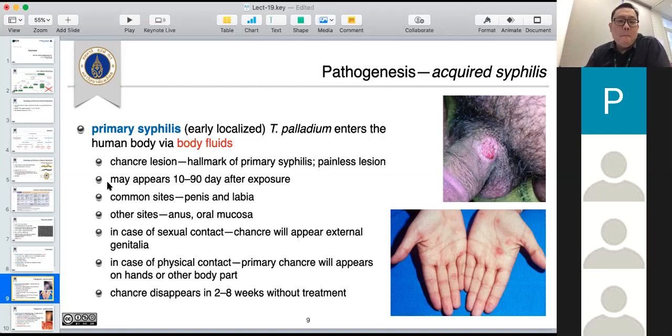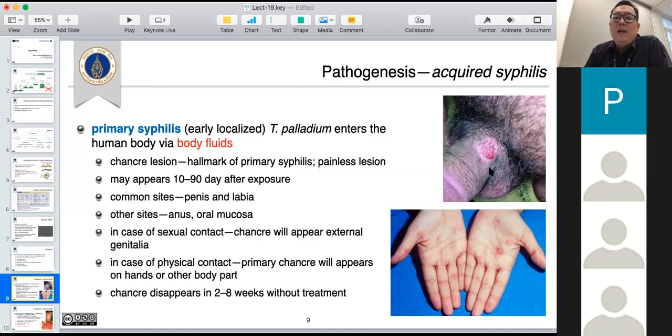In the case of sexual contact, the chancre will appear on the external genitalia, not internal. It is very easy to observe; the doctor will see it quite easily. In physical contact, you probably find a patient infected on the hand palm. And on other parts of the body, it depends on which part touched the infected site, so a chancre can develop there.